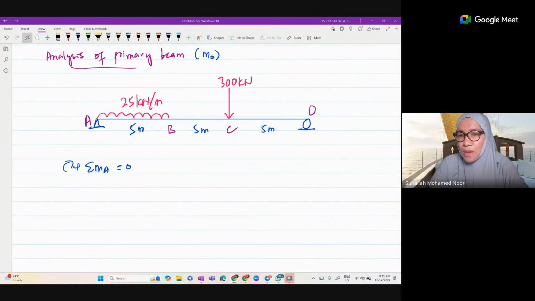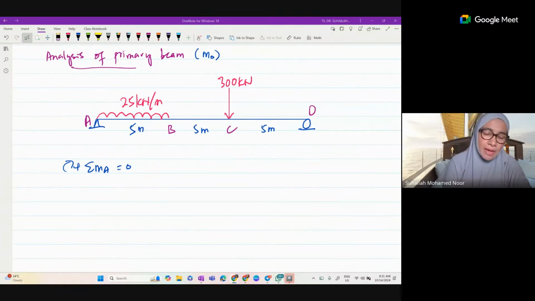But if you still want to write because that is your calculation, then okay. Here we just revise the process of how we calculate the reaction. Later on, we will directly put the value into the diagram. That is the most important.